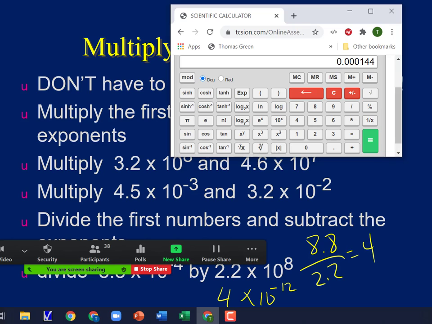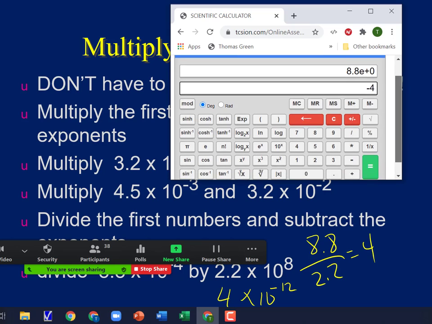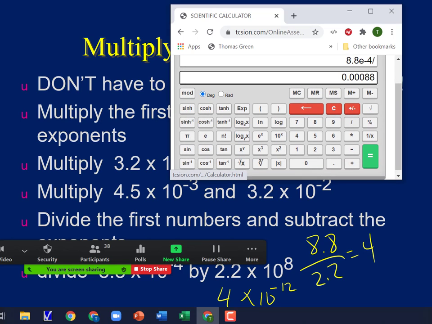On the calculator, (8.8) exp 4 negative, divided by 2.2, exp 8, equals.